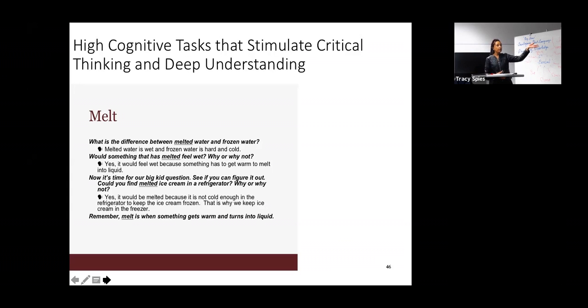So melted water is wet, frozen water is hard and cold. That's the difference. Would something that has melted feel wet? Why or why not? Yes, because something has to get warm to melt into a liquid. So liquid feels wet. And there's always a big kid question to see if you can figure it out. Could you find melted ice cream in a refrigerator?